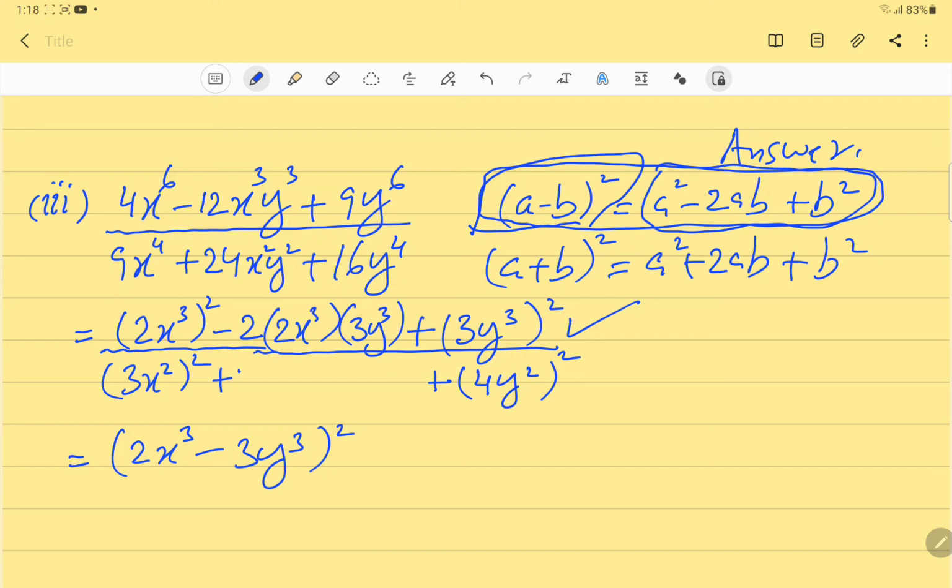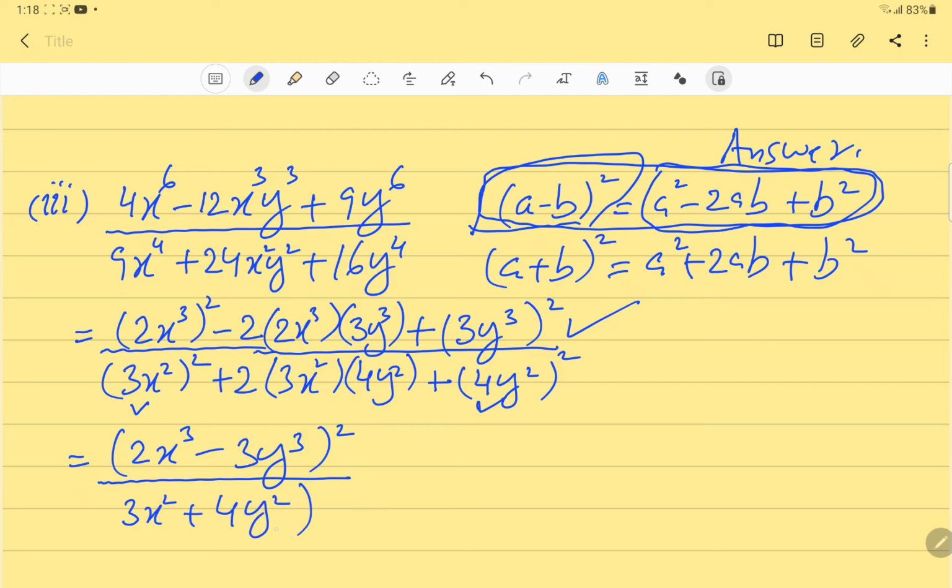The middle term we write in the same way, 2 times 3x squared times 4y squared. So this is again a complete square: (3x squared plus 4y squared) whole squared.